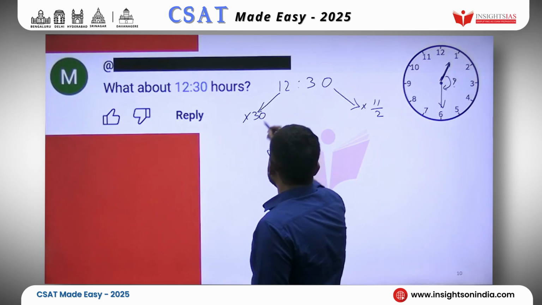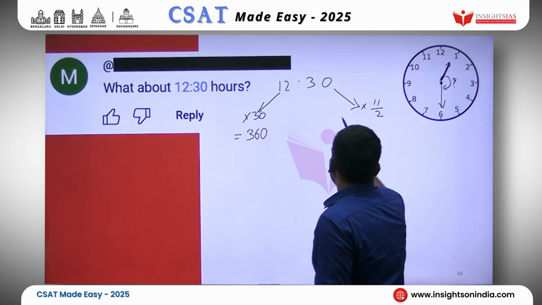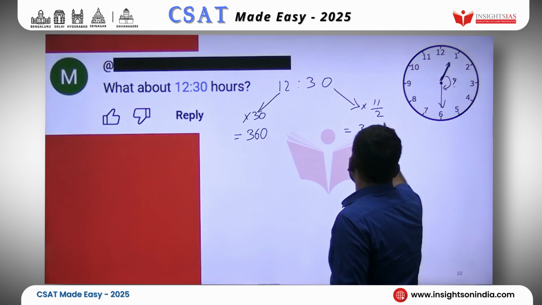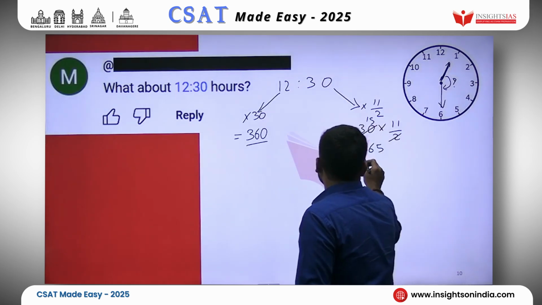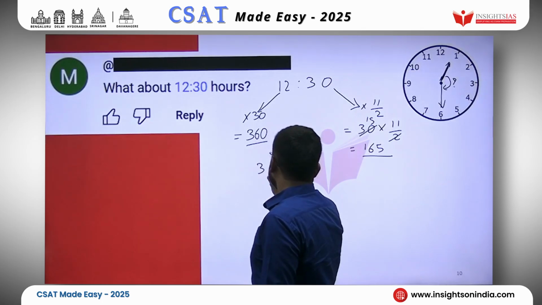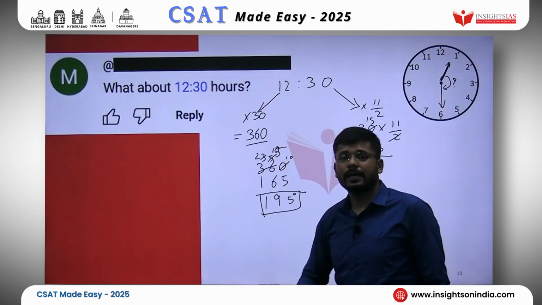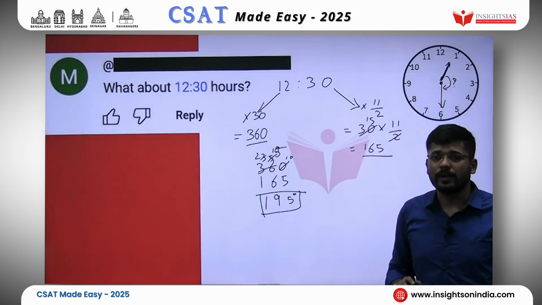What is 12 into 30? That would be 360. What is 30 into 11/2? That would be 165. So we will take the difference of 360 and 165, and the angle is 195 degrees.